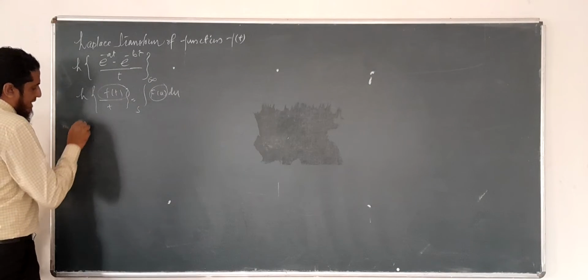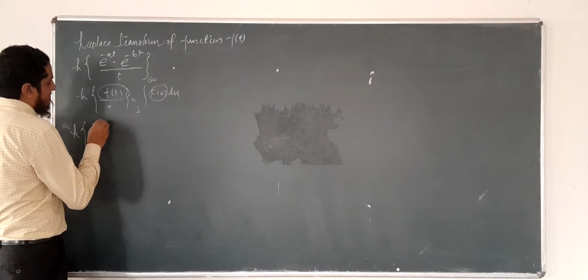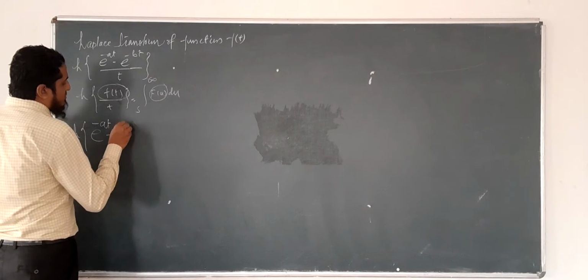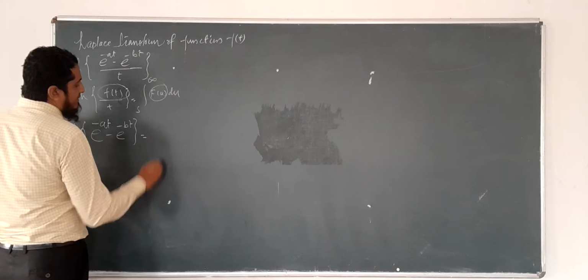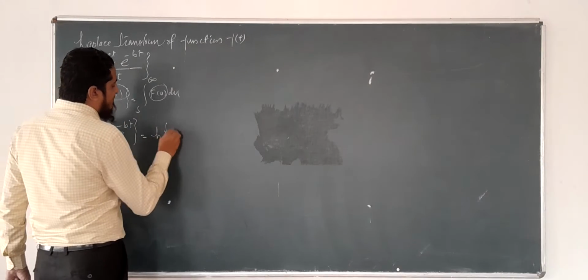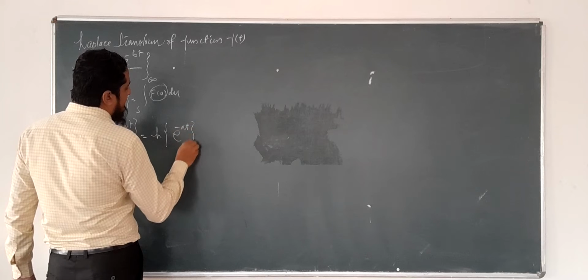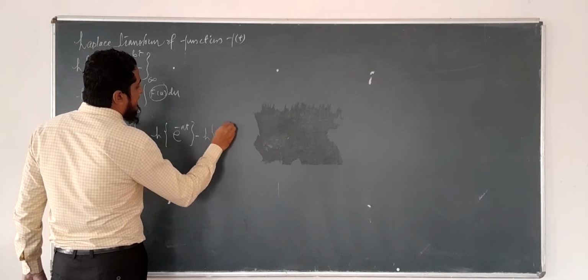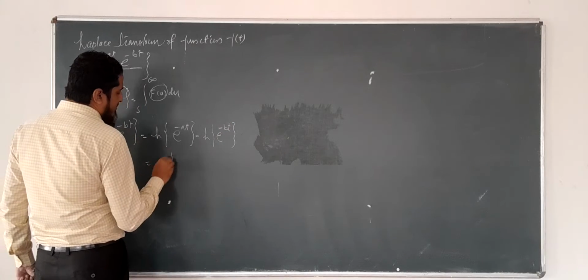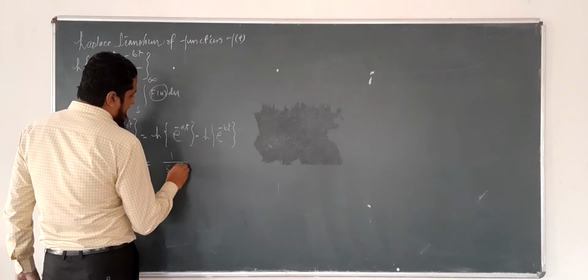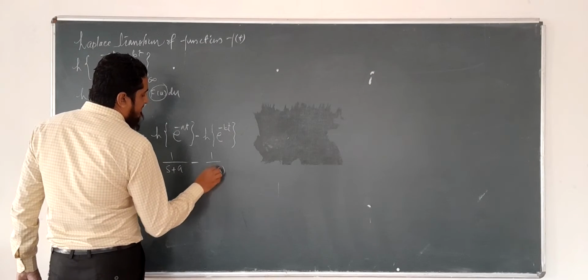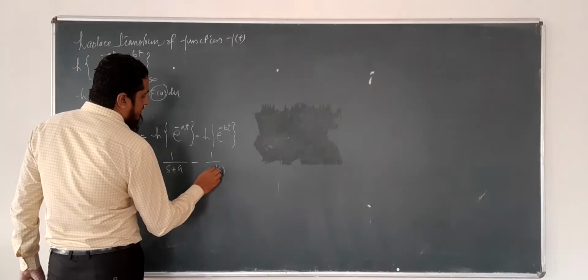So first of all we have to find the Laplace transform of e raised to minus at minus e raised to minus bt, and we will get the Laplace transform of e raised to minus at minus the Laplace transform of e raised to minus bt, and we will get 1 upon s plus a minus 1 upon s plus b. Correct?